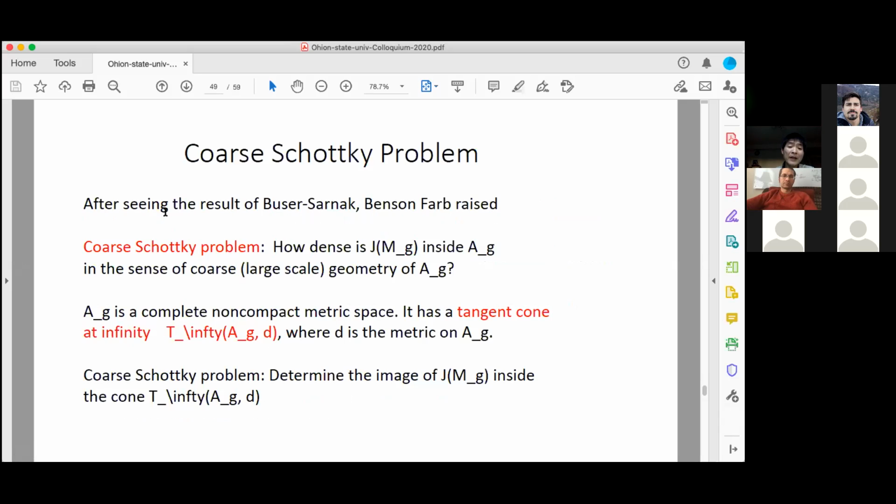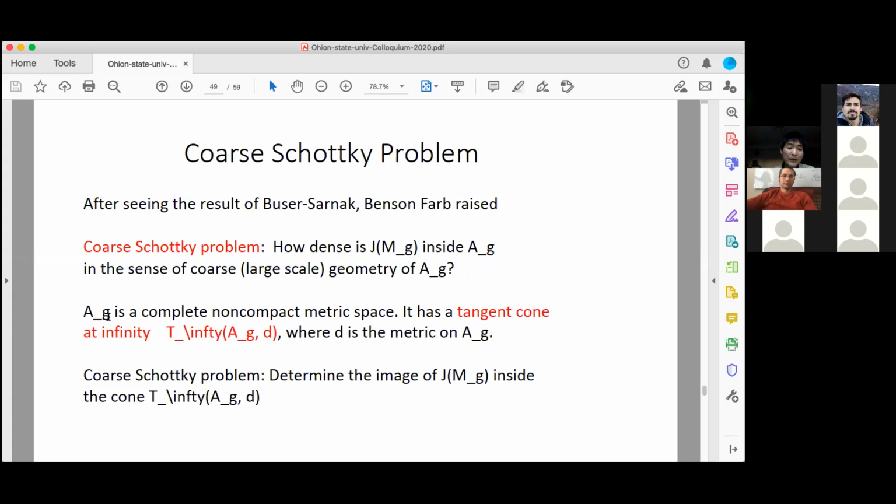Now, Benson Farb, after seeing the result of Bueno and Sarnak, raised this Cauchy-Schottky problem. So how dense is the Jacobian locus inside A_g in the sense of large-scale geometry of A_g, in the large-scale geometry of Gromov?